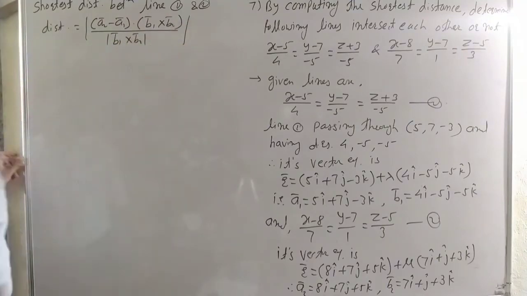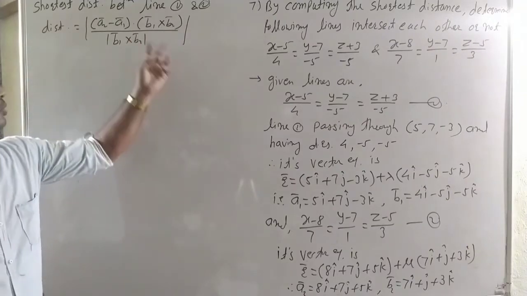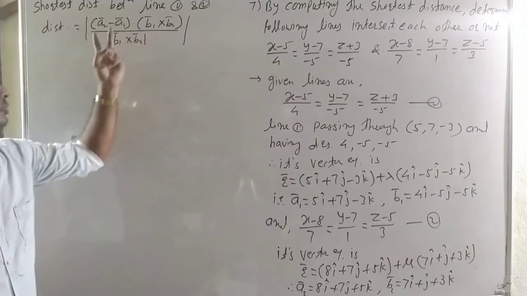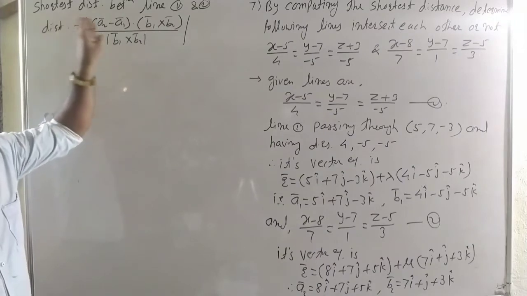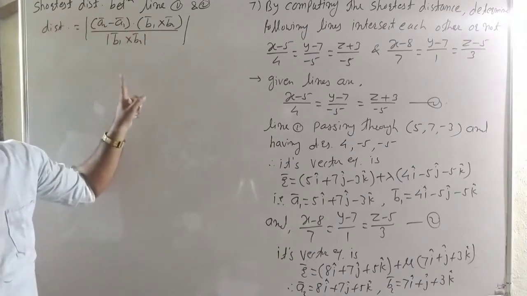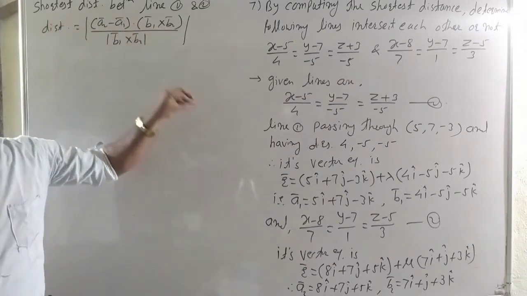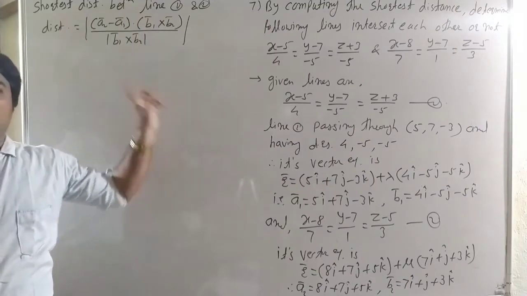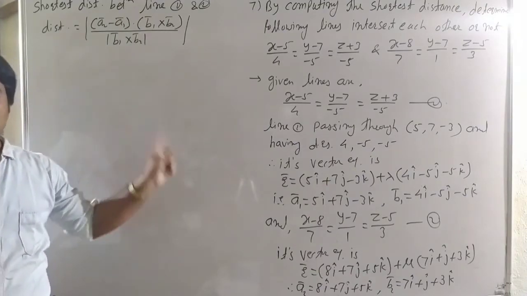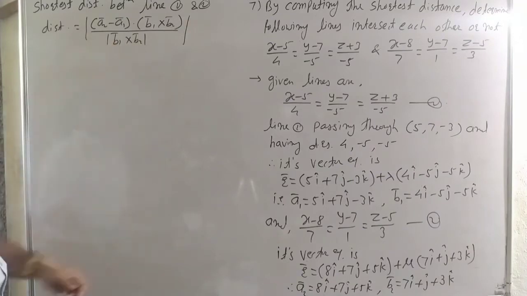Now we find a2 bar minus a1 bar, the cross product of b1 and b2, and the magnitude of b1 cross b2, and put all values in this. If the distance is 0, then the lines intersect, and if the distance is not equal to 0, then the lines do not intersect.